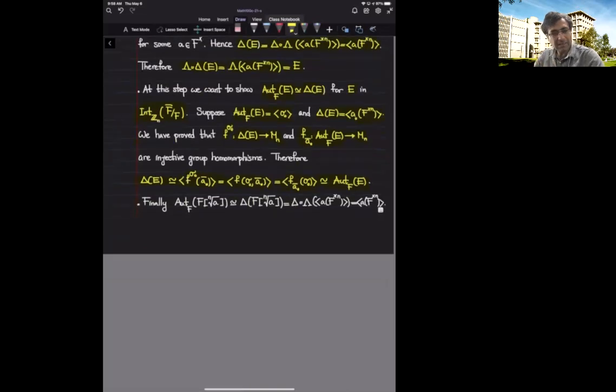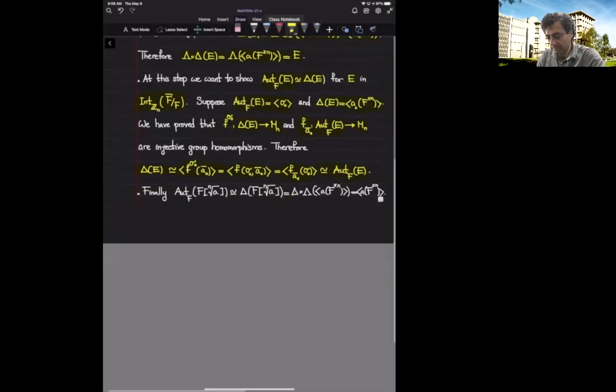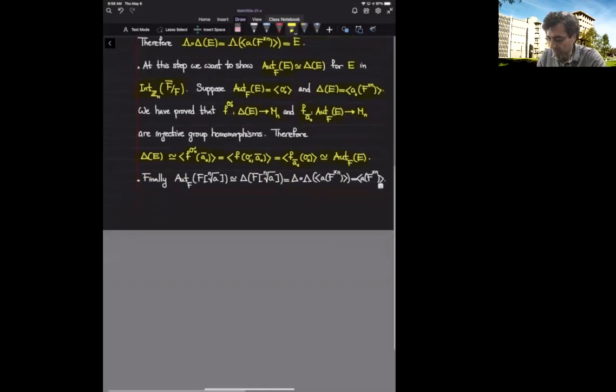Now again, the rest can be done just using the language of sets, but nevertheless, let's go over it. By the part that we have already proved, the group of automorphisms of such a field extension is isomorphic to delta of E, so we know that this other group of automorphisms is isomorphic to delta of this field.